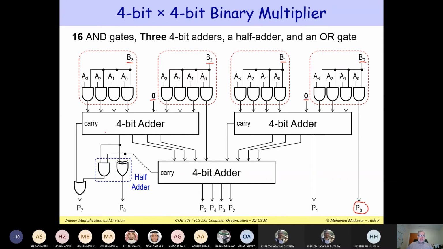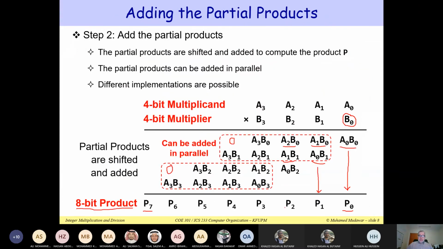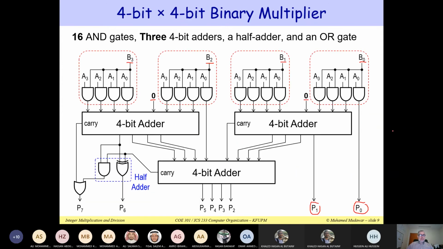Now, because we are getting a carry, the least significant bit of this 4-bit adder will be P1. But the other bits, we still have to add them. For example, in this slide, once we get the sum of these 2 bits, I still have this A0, B2 to add. Once I take the sum of these 2 numbers, I still have to add. So you see that this circuit becomes something like this.